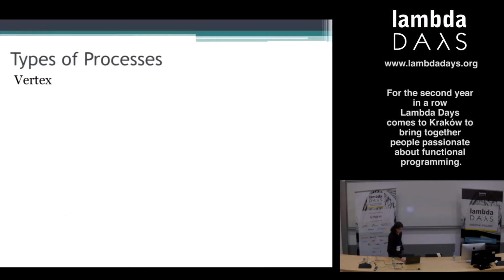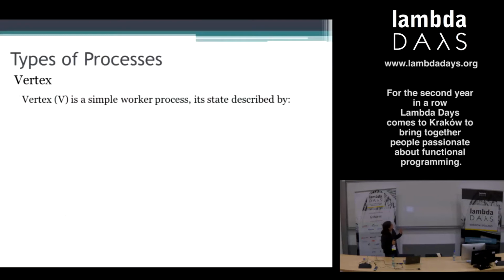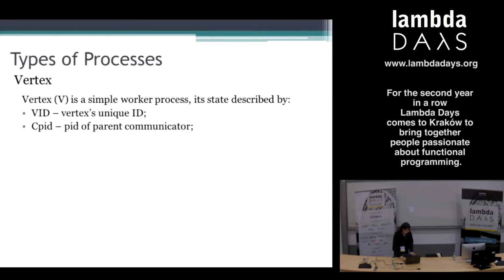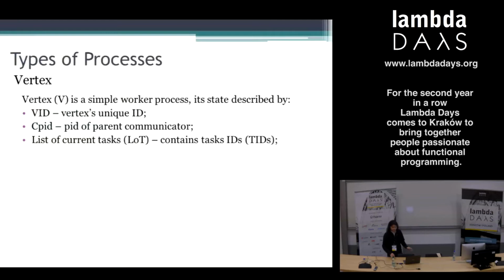Vertex. It's very simple. It's a worker process. It's a plain worker process. It doesn't own any resources, but it has its state, which can be described by VID, I already mentioned it, CPID, the PID of the parent communicator, and a list of current tasks, containing task IDs.